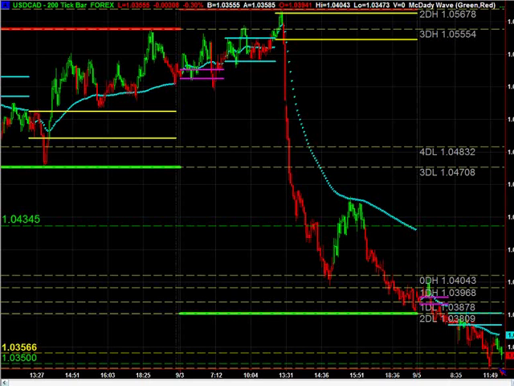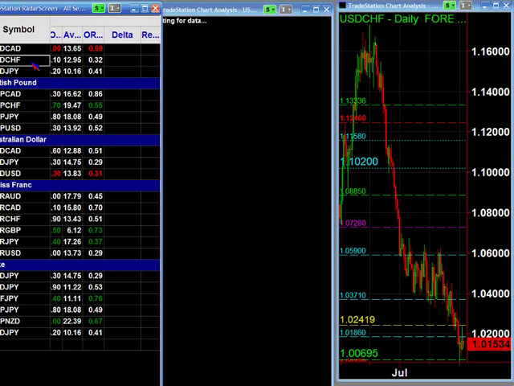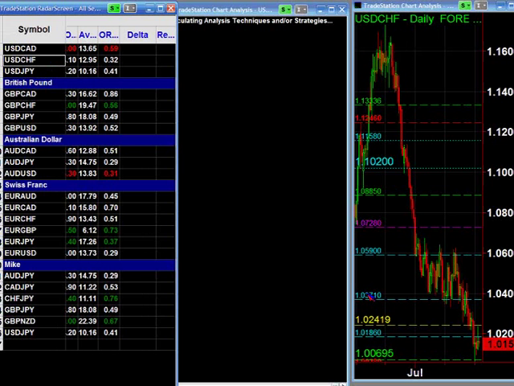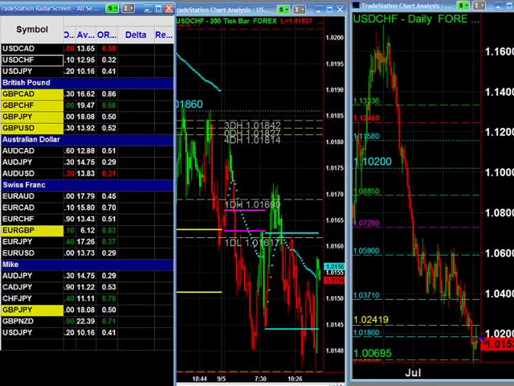So you had about a 10, 15 pip move. If you look at the dollar Swiss, you see a similar situation. And you can see on the daily that there wasn't really much movement in the dollar Swiss. It was just in a very tight range.